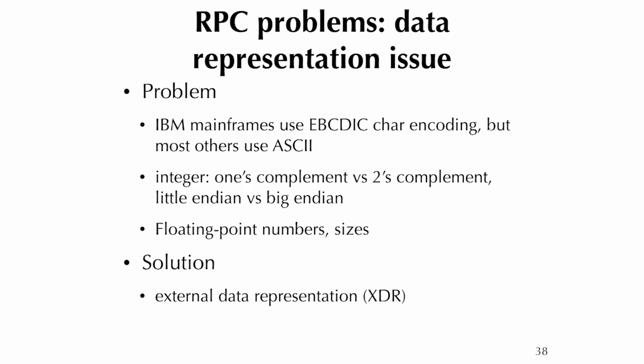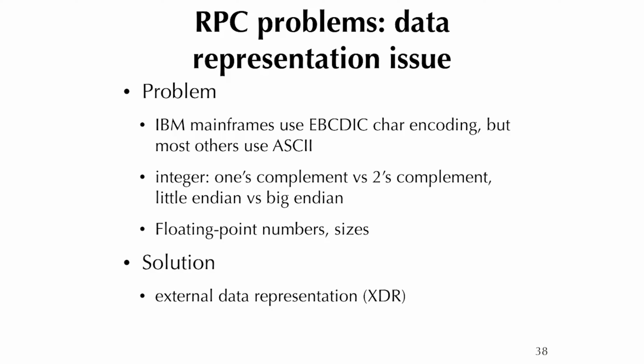Integers are a big one, because Intel machines are what's called little endian. What that means is, if you have integers, 32-bit or 64-bit, do you put the least significant byte first or the most significant? If you put the least significant byte first, that's called little endian byte order. If you put the most significant first, that's big endian byte order, right? You must have seen this in architecture classes.